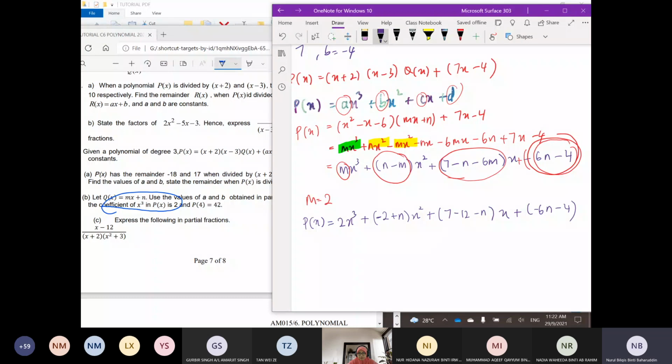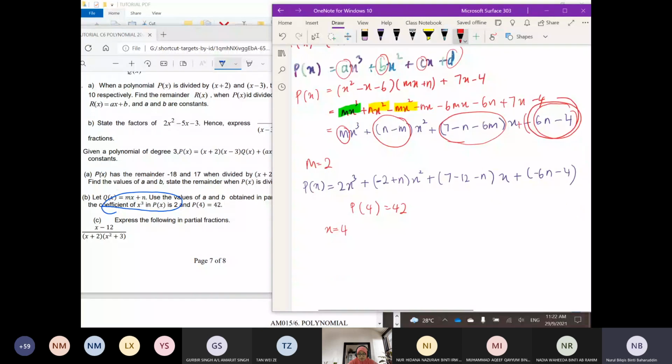Are you okay? Follow? Yes. Good. So next we need to use the second clue, which is P(4) equals to 42. Means that you need to substitute x equals to 4.